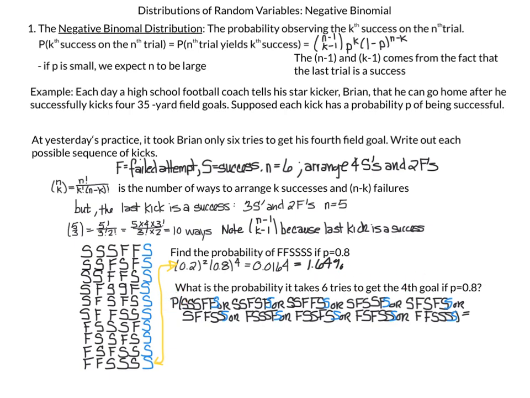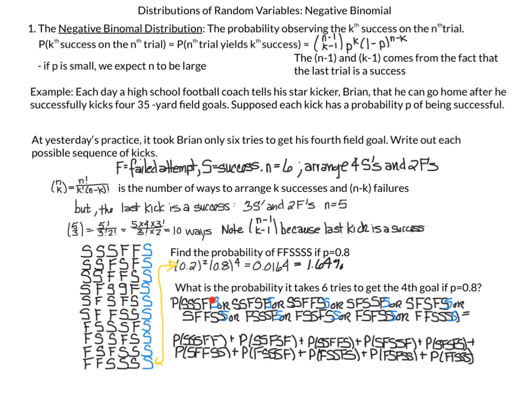So we want that probability. Since these are independent events, this OR becomes a plus. So it's the probability of each of these individual possibilities. And I tried to add the little S's, the success at the end. So it turns out all of these, if you look at them, they're going to be symmetric. In other words, we're going to be multiplying our 0.2, our 2 failures, twice, and we're going to be multiplying our 0.8, our 4 successes, 4 times.